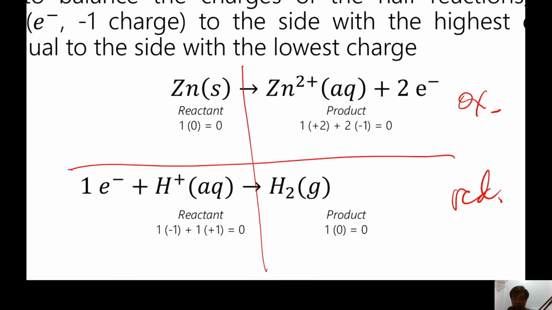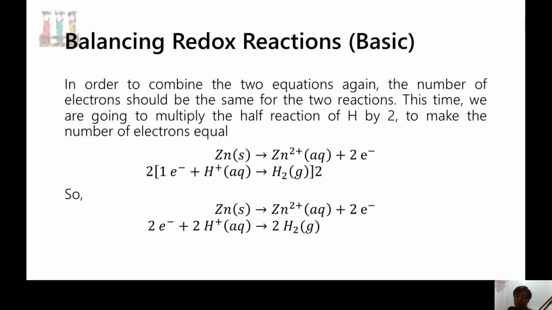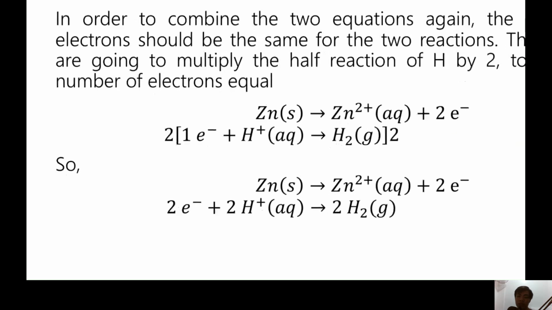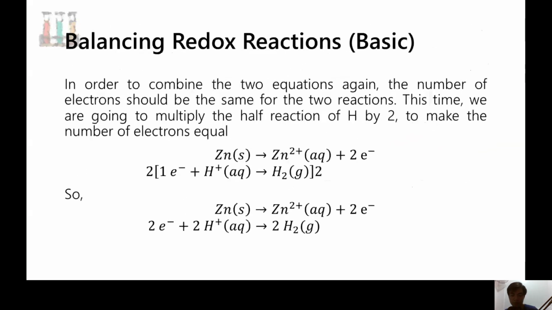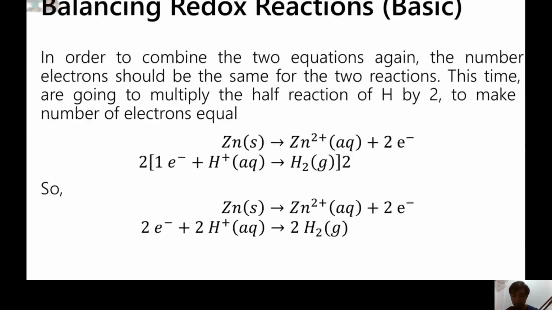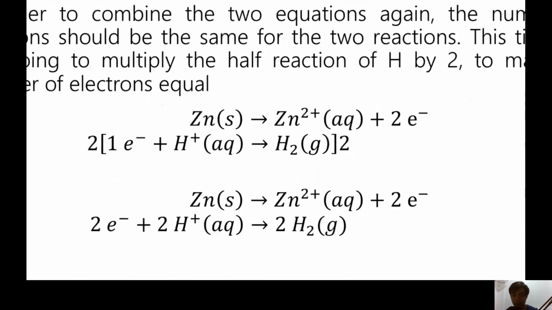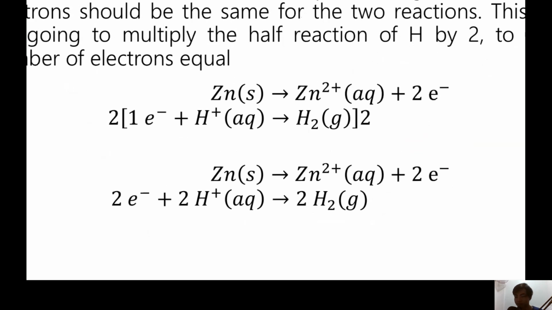Okay? So once the charges are already balanced, you can continue balancing the atoms. You can do this simultaneously. So for example, what we did here: we have balanced the electrons. But we also want to balance the atoms, because of the conservation of mass.